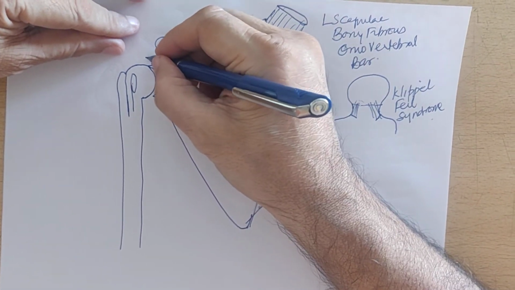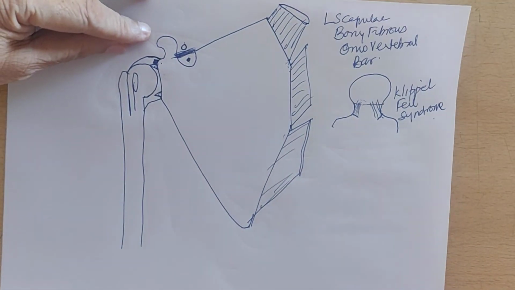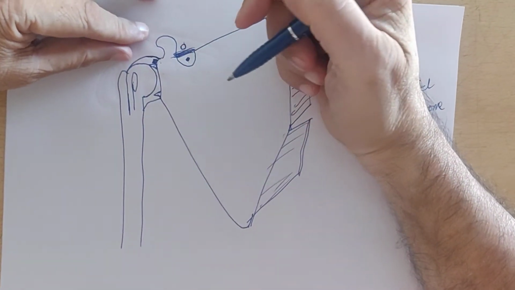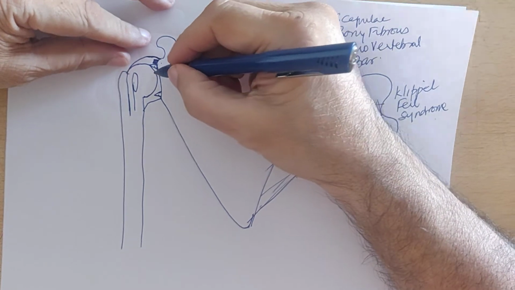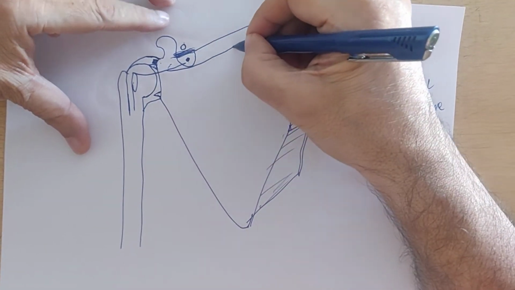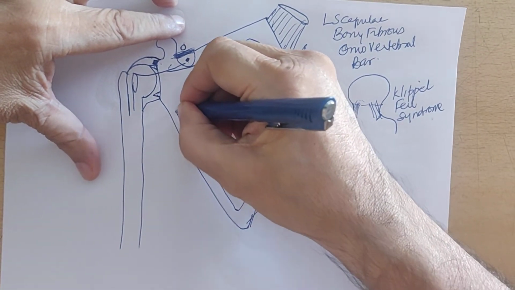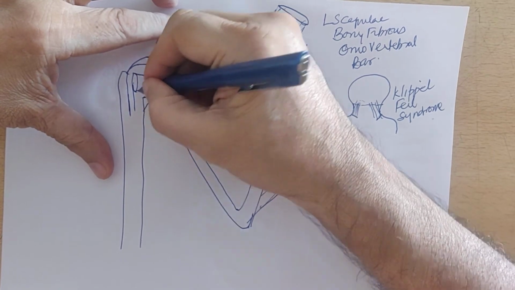And then we will have to attach this capsule and the lax part of the capsule attached to the lesser tuberosity, and coming from the anterior surface of the scapula, you have a muscle which is called the subscapularis.